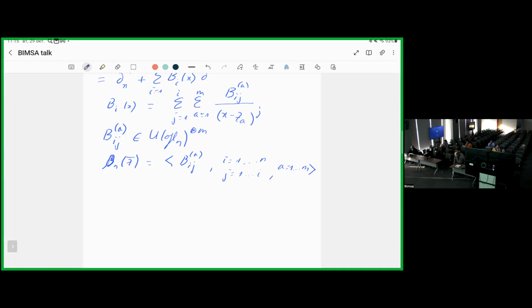Well, for the following reason: I will just list some of the most important properties of this algebra. So, properties of B_n(z). First of all, it's commutative. And second, it contains the celebrated Gaudin Hamiltonians.